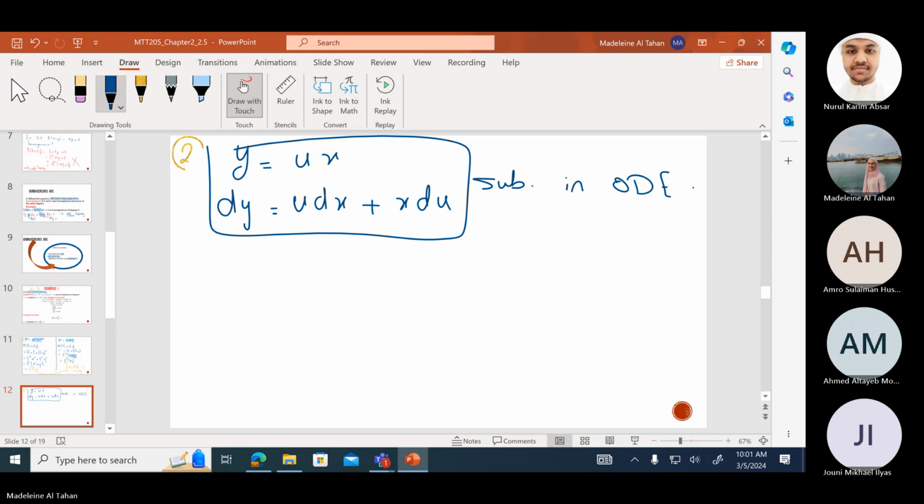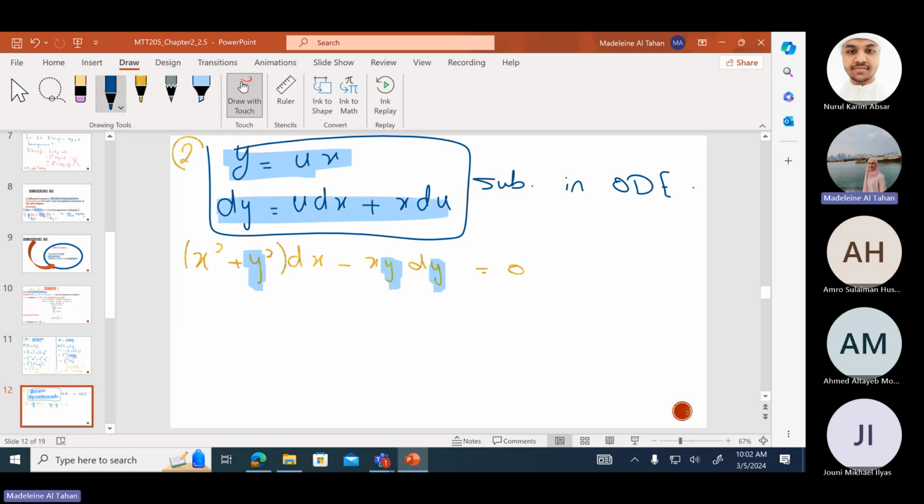Okay? So what was the ODE? Let's rewrite it again. So it was x squared plus y squared dx minus xy dy equal to 0. So these y's that we have here, what do we need to put instead of them? Yes, exactly.